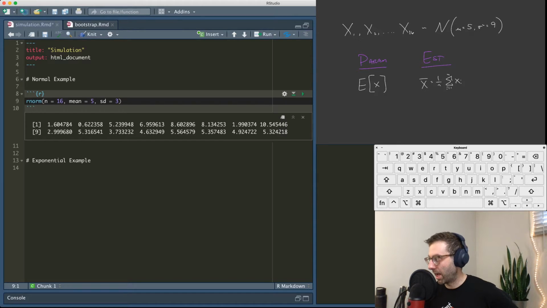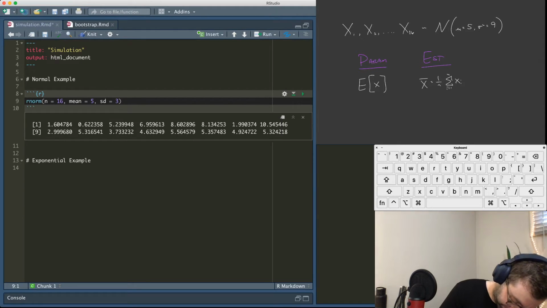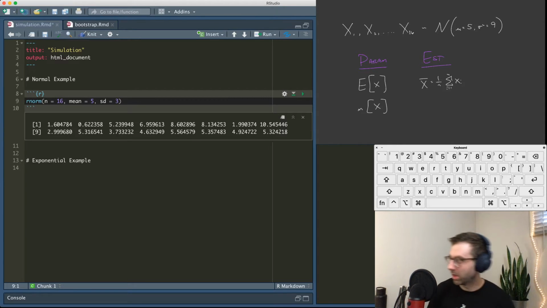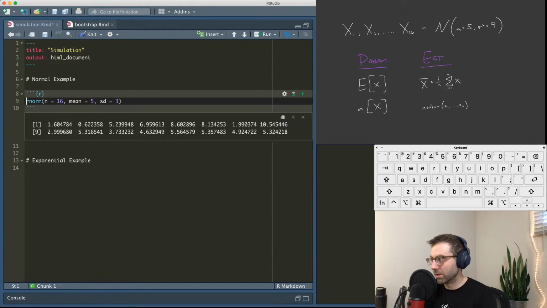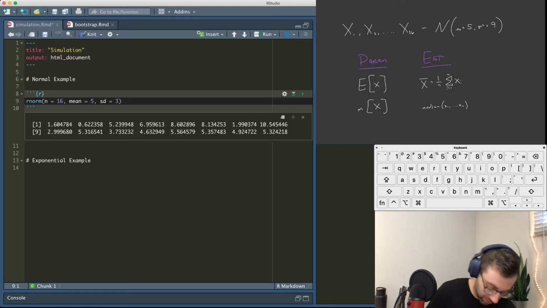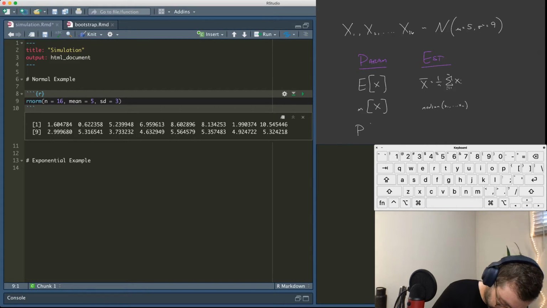Let's also look at the median. I'm going to use this notation for the true median of x, and this notation for the sample median. And then let's do some probability. So let's do the probability that x is greater than 6.